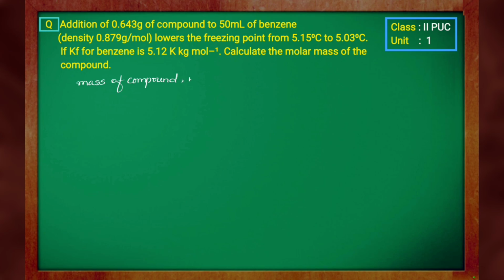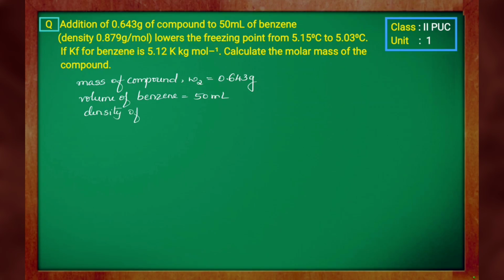So its mass is written as W2, which is 0.643 grams. They have given 50 ml of benzene, and so the volume of benzene is given, which is equal to 50 ml. Also they have given us the density.